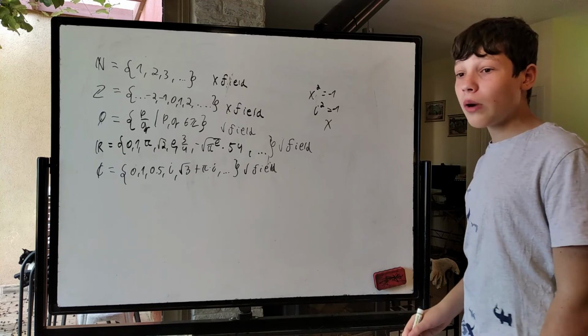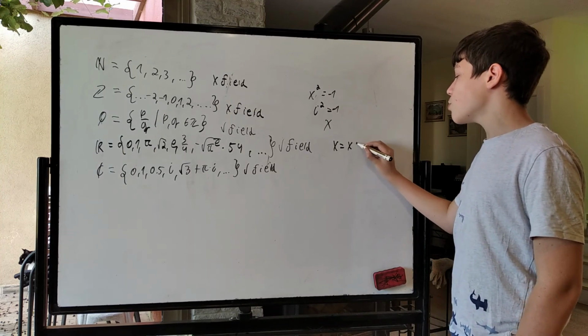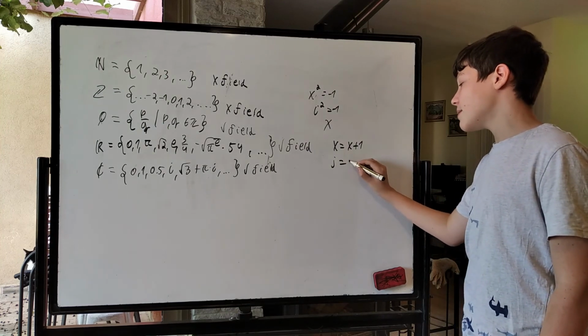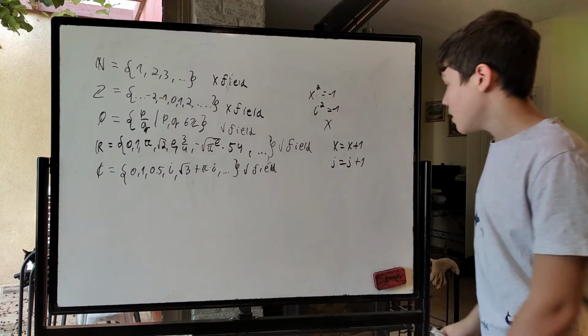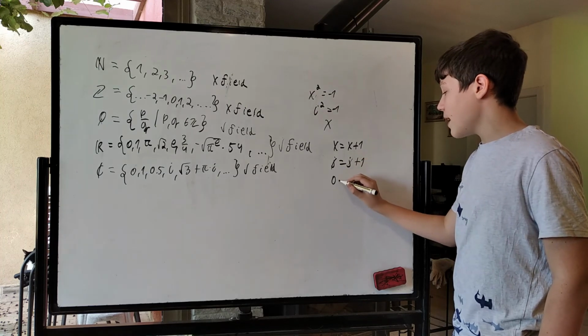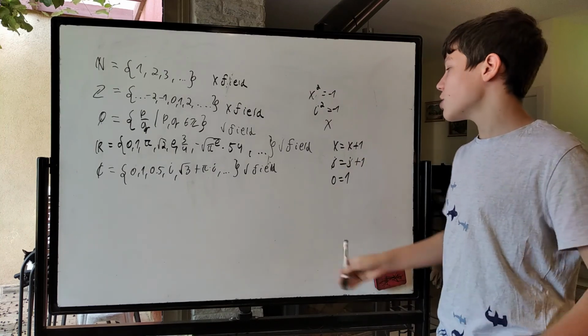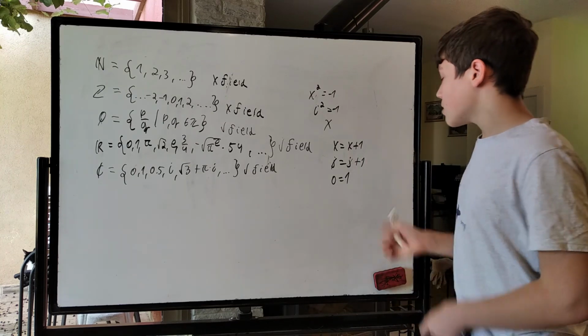Let's take a different equation that doesn't have a solution in the real numbers. x is equal to x plus 1. Now let's take a number j that obeys this. j is equal to j plus 1. Cancel j from both sides. We get that 0 is equal to 1, a contradiction. Such j's cannot exist.